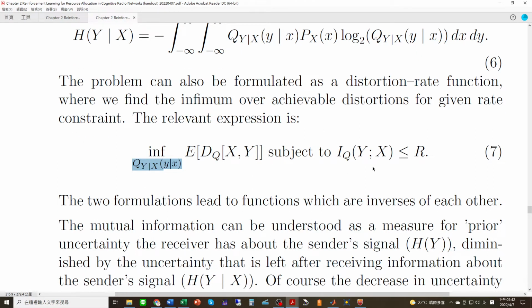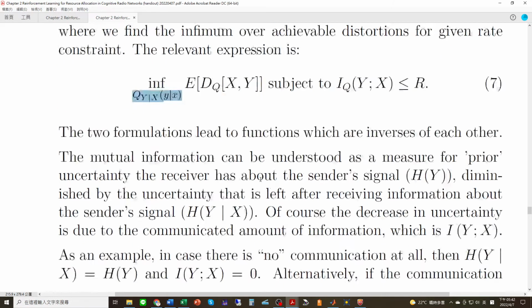These two functions are inverse functions of each other.